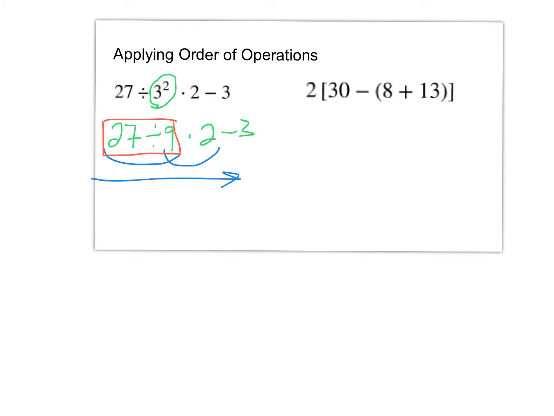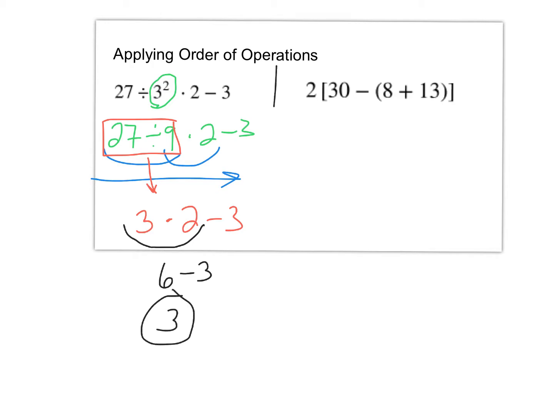So 27 divided by 9 is 3. Now we're going to multiply. So 3 times 2 is 6 minus 3. So 6 minus 3 is 3. So there's this one.